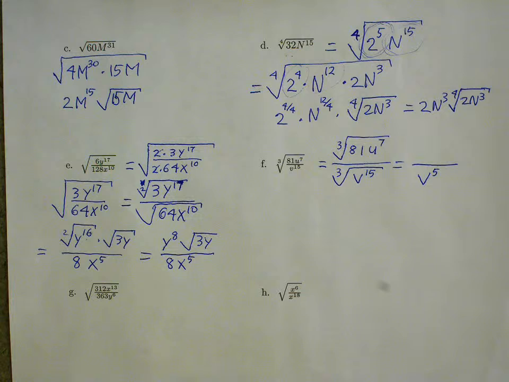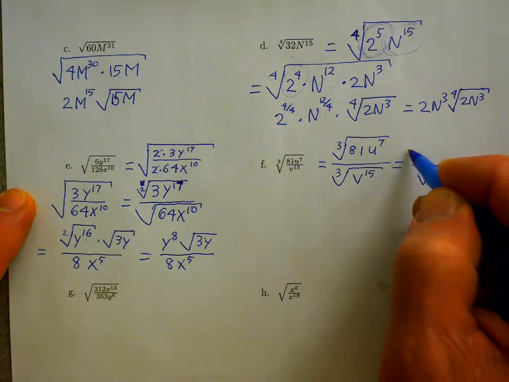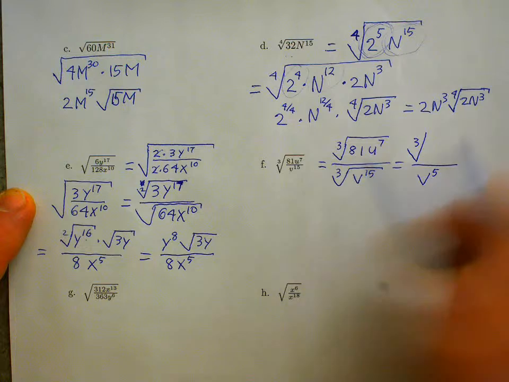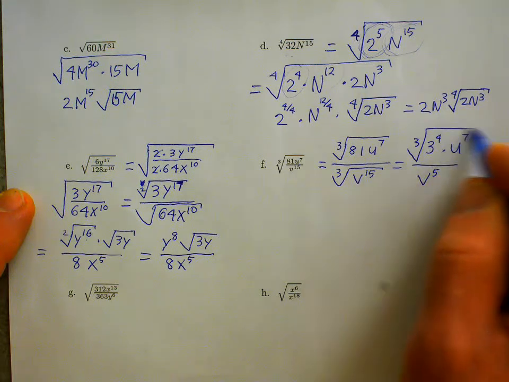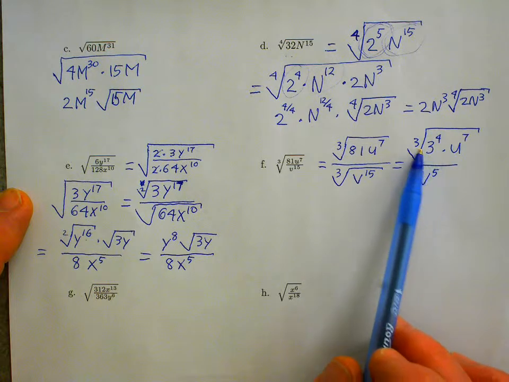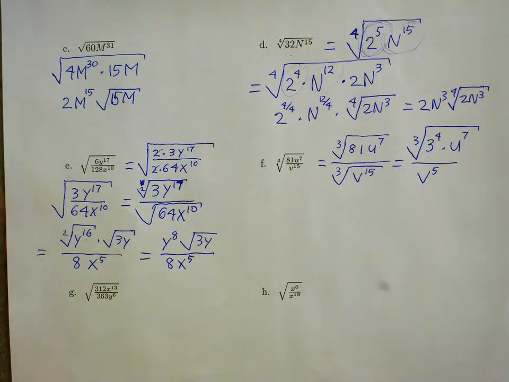And so the largest factor of 3 to the 4th that is a perfect cube is 3 to the 3rd. 3 to the 3rd has an exponent of 3, which is a multiple of 3. 3 to the 3rd times 3 is 3 to the 4th.